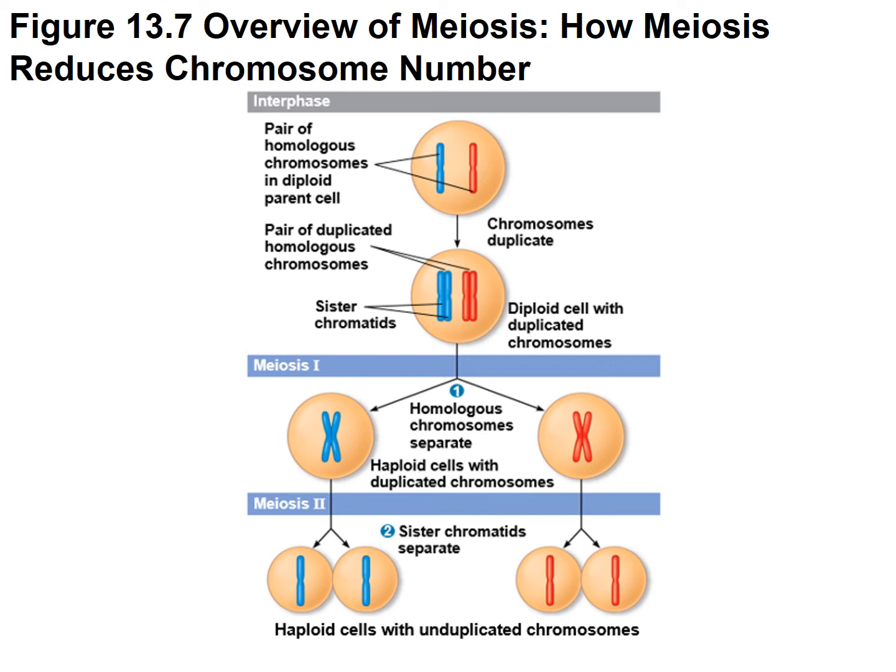We have a pair from the father, say in blue, and a pair from the mother in red. During meiosis 1, the homologous chromosomes are going to separate. During meiosis 2, the sister chromatids are going to separate. So that's how, as a result of meiosis 1 and meiosis 2, you're going to end up with 4 daughter cells, each with half the number of chromosomes that you started with.